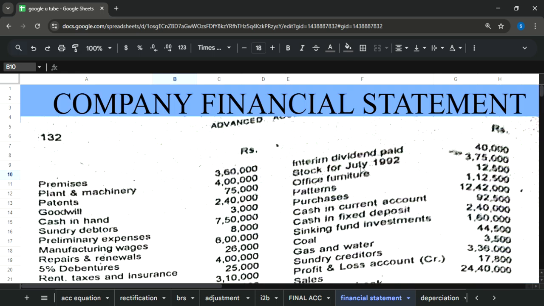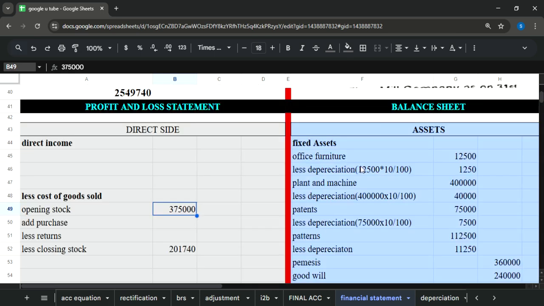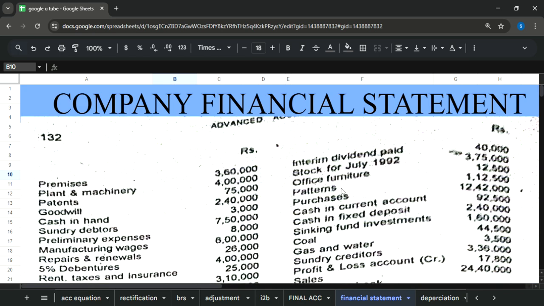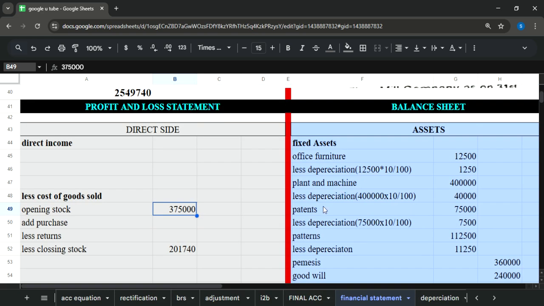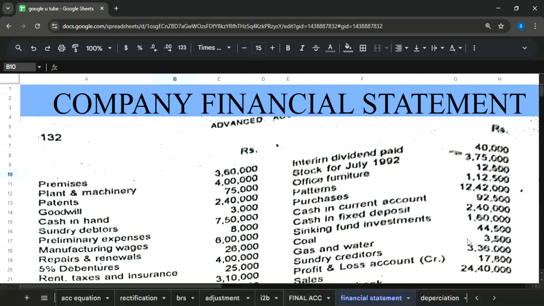Then we have office furniture 12,500 already mentioned. After which we have patrons, and patrons, yes, they are also written 112,500. Then we have purchases 1,242,000.